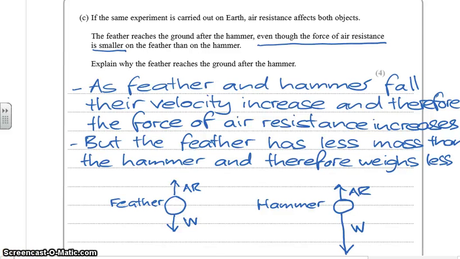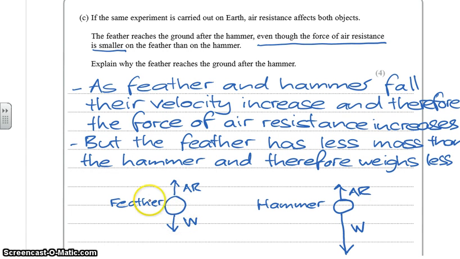Hopefully my little diagrams here will help to explain the next point, and this is a good tip for when you're in an exam. A picture is worth 1,000 words, so really I would strongly encourage you to draw little diagrams whenever you can, because it makes it very clear what you're trying to get across.